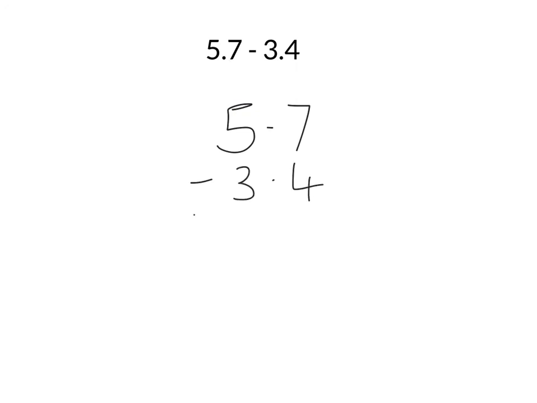Now 7 take away 4 gives me 3. 5 take away 3 gives me 2. So the answer here is 2.3. A little tip is to ensure that the decimal points are lined up in the same column. If those decimal points are lined up, more often than not, you're going to get the digits in the right place. But remembering the place value of those digits to help ensure they're in the right column is also another really useful mathematical strategy.